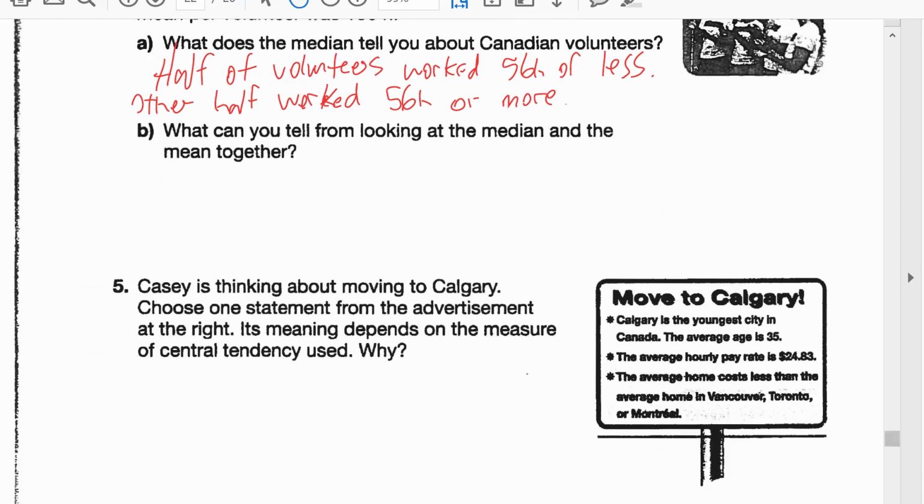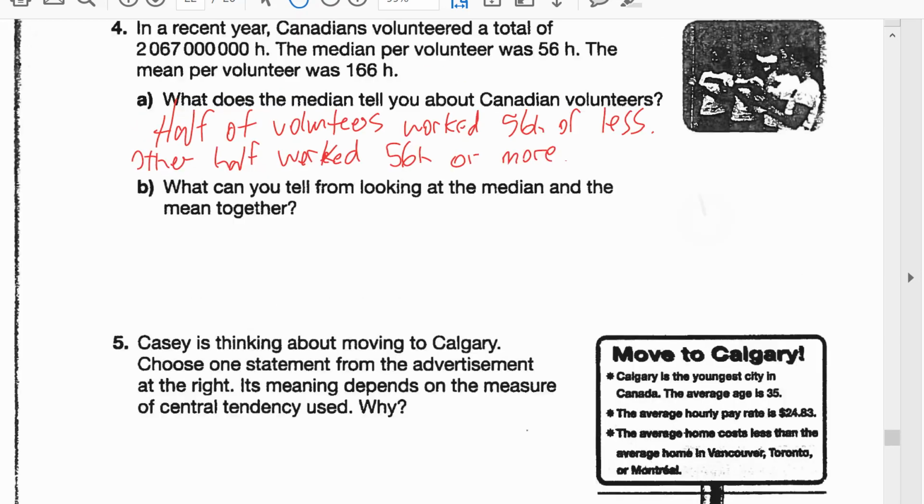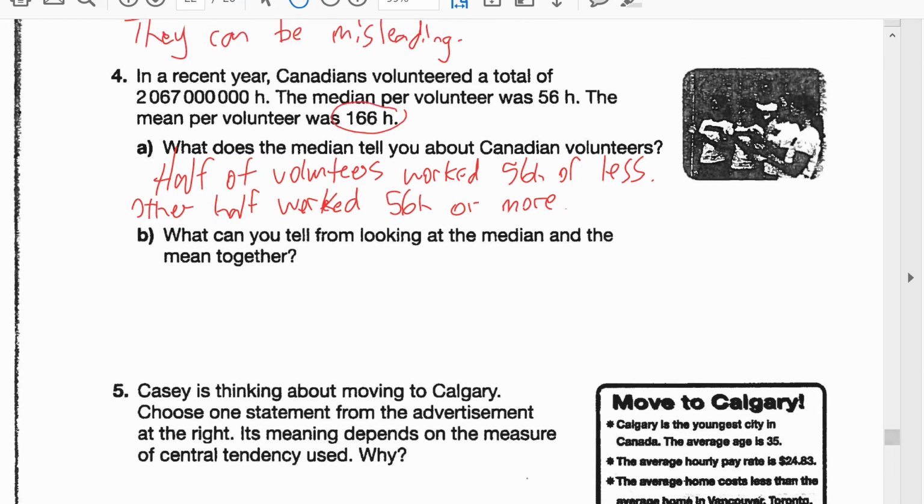What can you tell from looking at the median and the mean together? Well, the mean is a lot greater than the median, so there must be some very high numbers in the high half of the data. So there was a lot of people that worked a lot of hours. That's why the mean is so large.